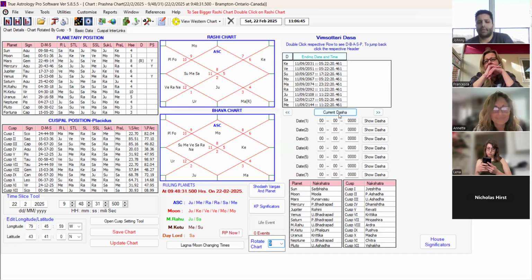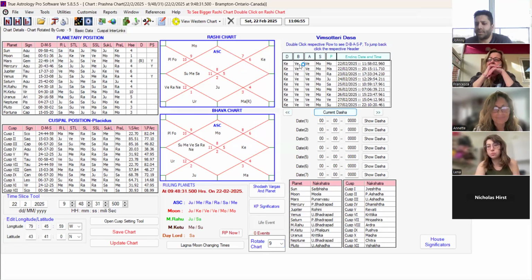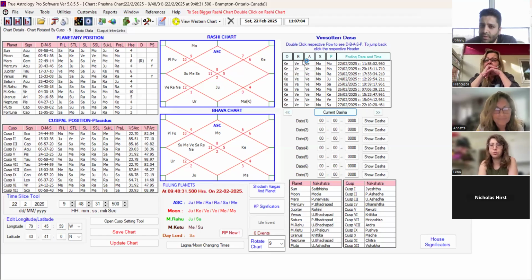Just to give you a very brief overview so you have an idea of how this works: just like in Western astrology, there are also progressions in Eastern astrology. The progressions tell you what time period you're currently running.